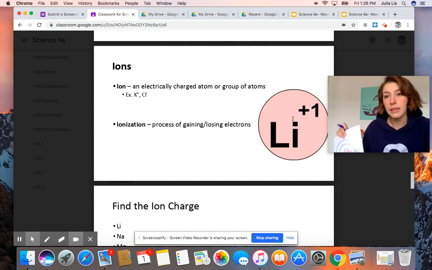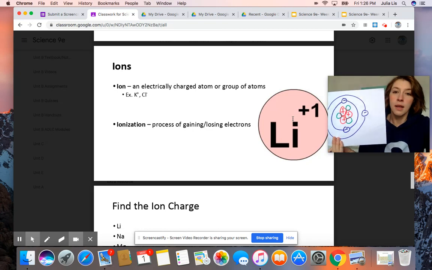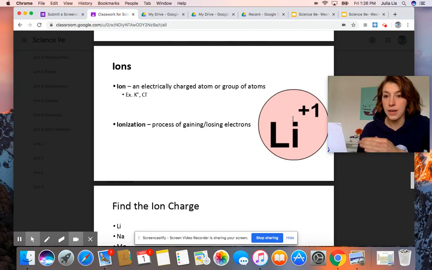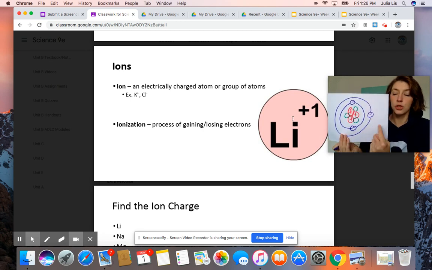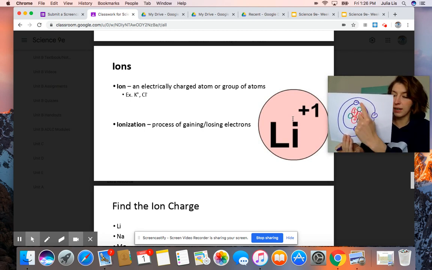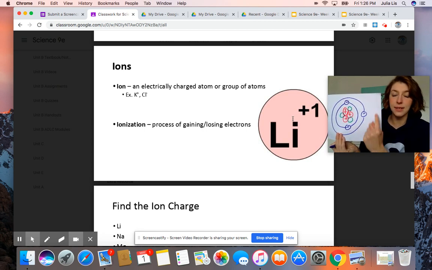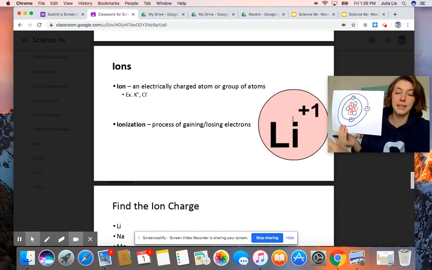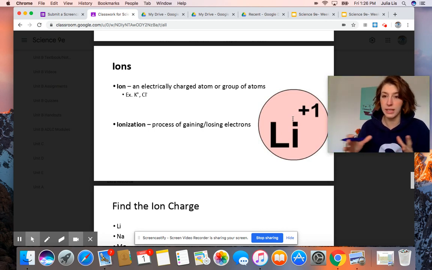Lithium does not like this. It doesn't like just having this one free floating electron. Atoms and elements most often want to have full rings. They either want a full ring of 2 as their first ring, or a full ring of 8 in the second, and then 8 in the third. If an element is not full with electrons, it's often going to want to chemically react with something else.